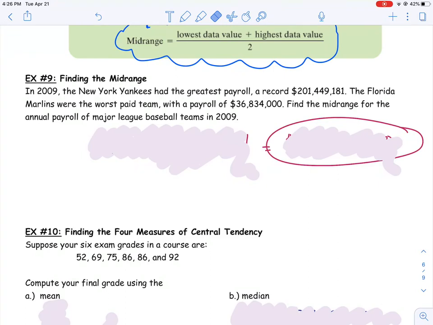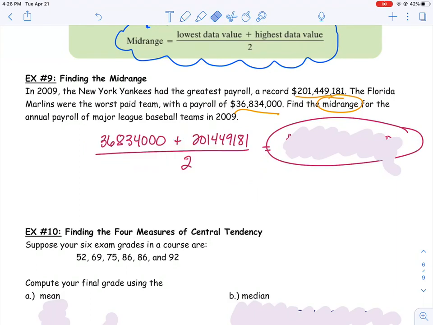The question is asking us to find the mid-range for the annual payroll for Major League Baseball teams in 2009. So as soon as we see that mid-range, that means we're going to take the lowest value, add it to the highest value, and divide by 2. So the mid-range of this data set is $119,141,590, and don't forget, 50 cents.